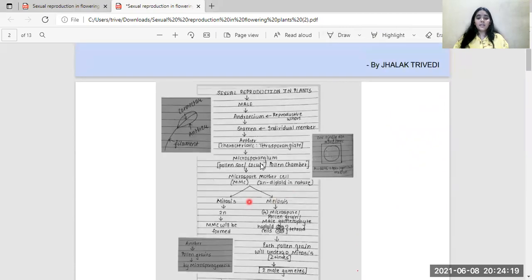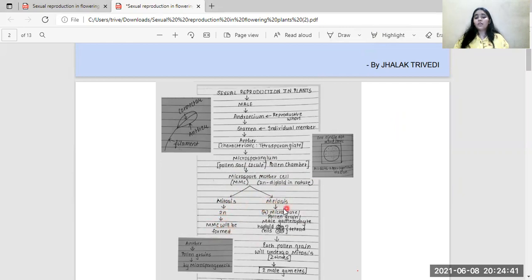Now we'll see how the microspore mother cells are diploid in nature, and they occur by two processes: mitosis and meiosis. Mitosis has two diploid cells, and the MMC will be formed there.